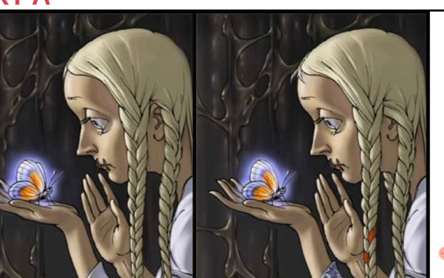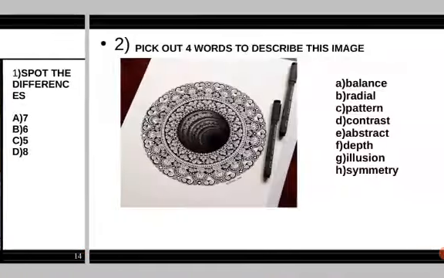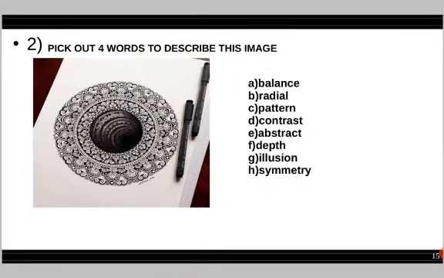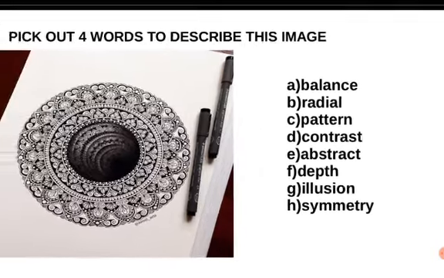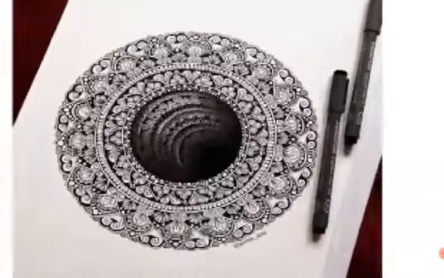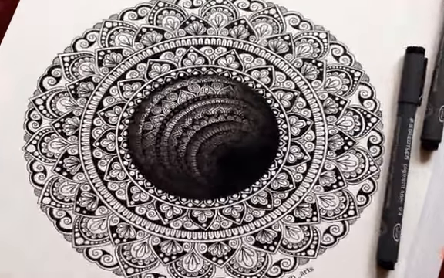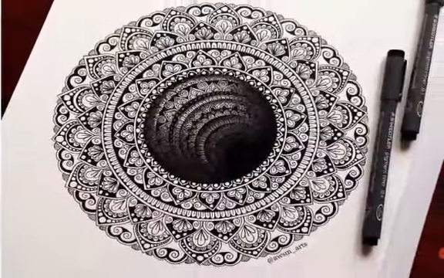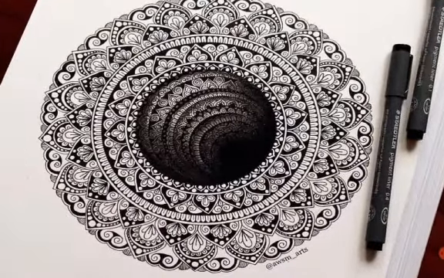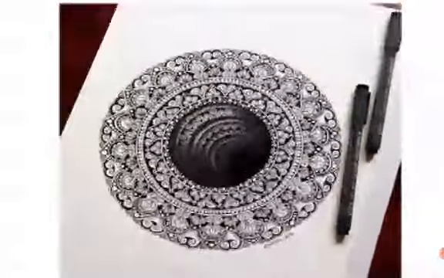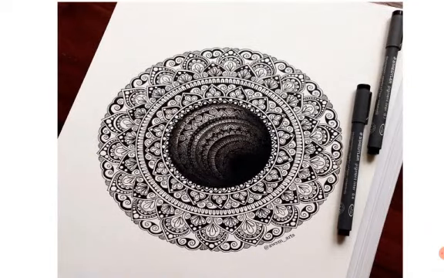Okay, now the next question is this: pick out 4 words to describe this image. There are many options you can describe. Actually, in the NATA exam, you are provided with the option to zoom the image. So I am zooming it for you. Okay, for some time you can pause the video and watch this carefully, the whole figure, and then go to the options.